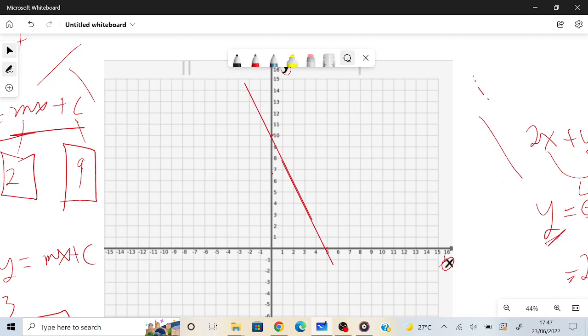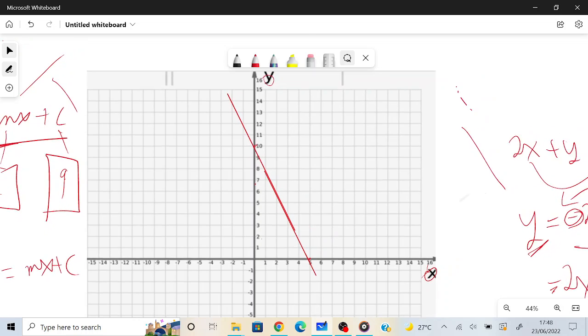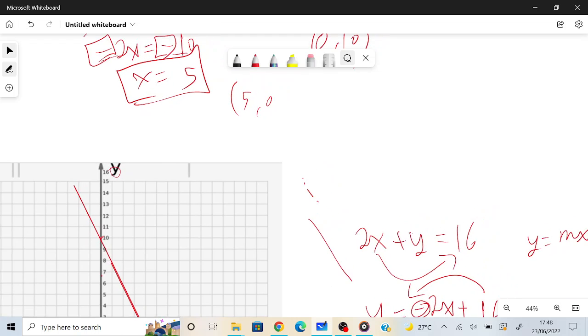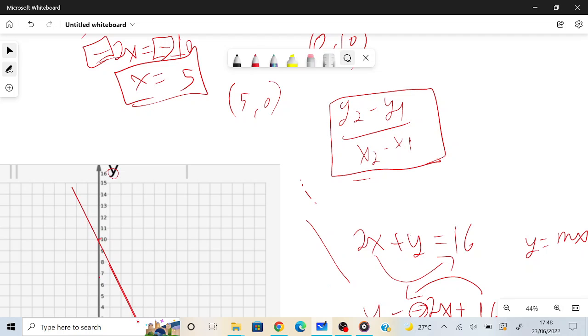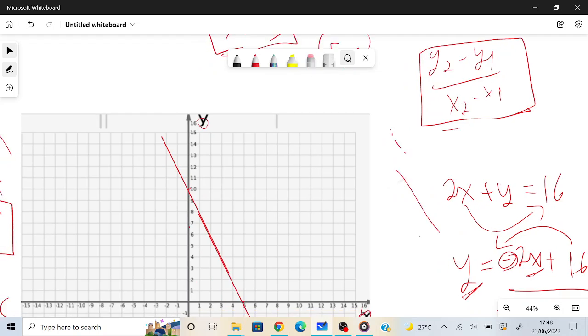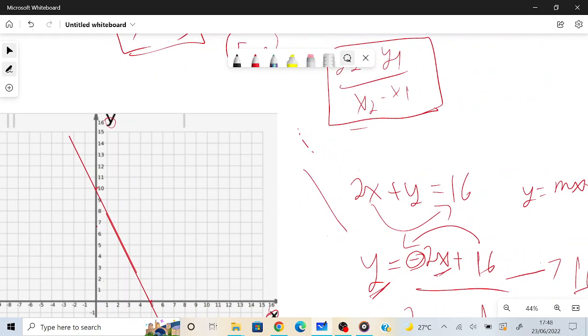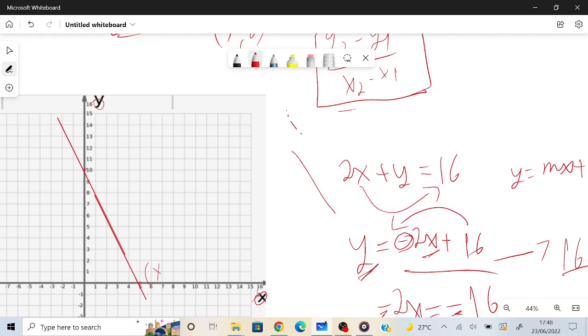And that is how you draw straight line graphs. In this video I did not show you how to check if your answer is correct, but if you want to do that, you can just simply do y2 minus y1 over x2 minus x1, and you should get the same gradient. Let me just do that for the last question we did. Let's say this is our x1, y1 coordinate, and this is our x2 and y2.